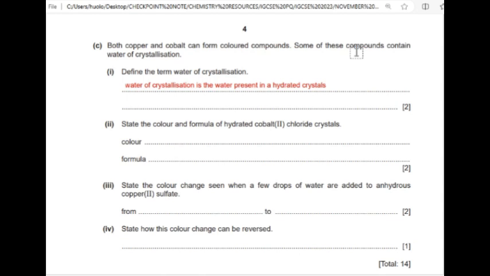They are usually chemically combined with the regular salts to form the crystals.